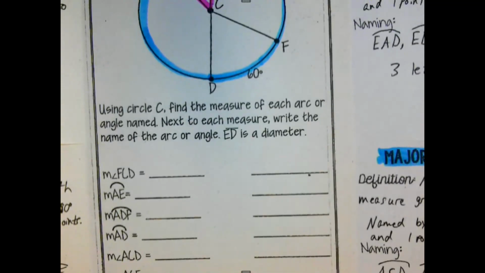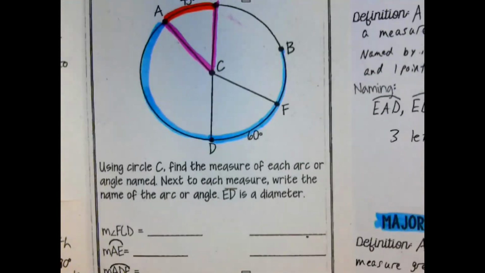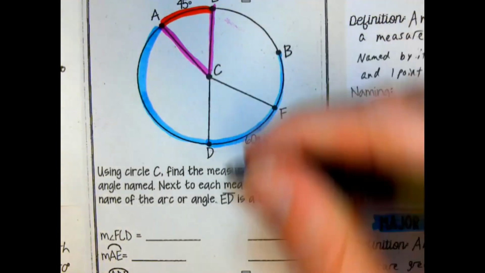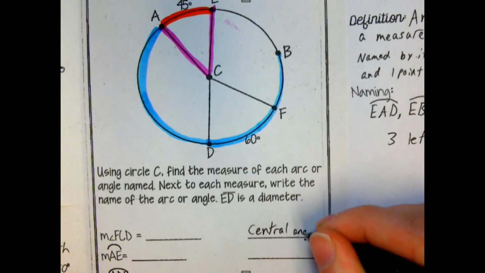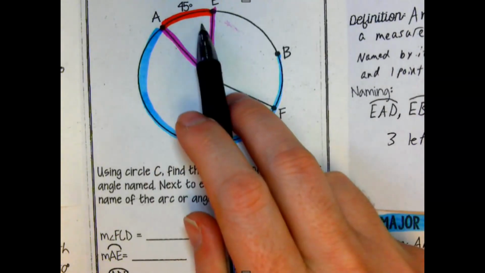Now let's see if we can identify some of the arcs and angles of this circle and find their measures. We're going to start by just identifying them, and then we will find their measures after we've done that. So first, FCD, what is that? FCD, that is a central angle. AE, that's a minor arc.